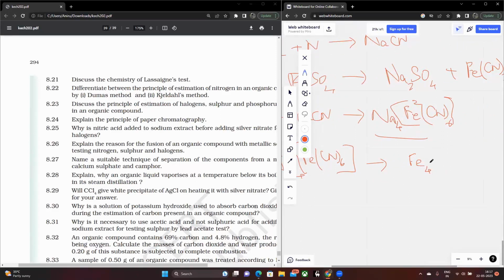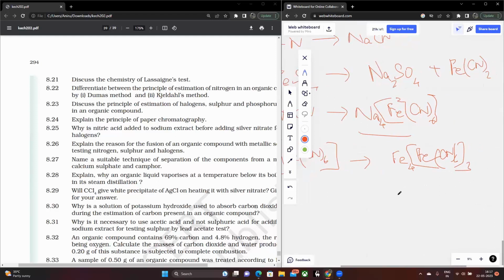ferric ferrocyanide, Fe4[Fe(CN)6]3. This is Fe3+, and this is Fe2+. This complex has a Prussian blue color.